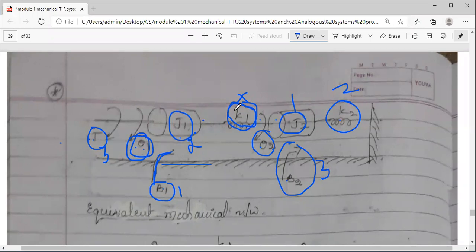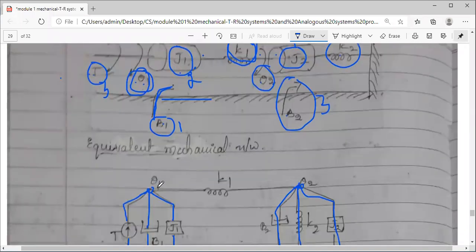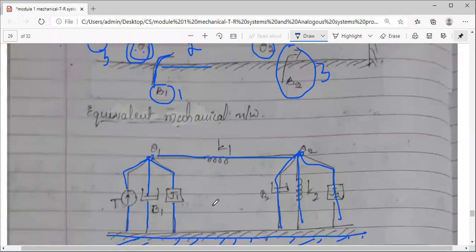If some elements are shared among two different displacements, two different nodes, then they should be connected in parallel. But here there is only one element, K1. If there were two or three more, we could have connected them in parallel in between those two nodes. But here there is only K1. So let me connect that K1 here. Okay, this is your equivalent mechanical network.